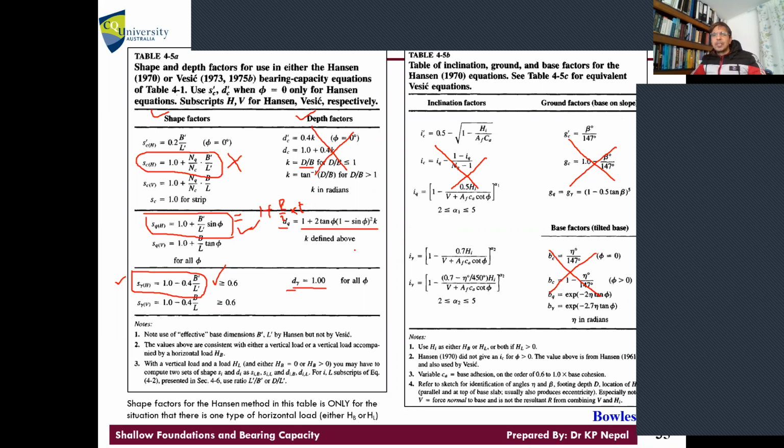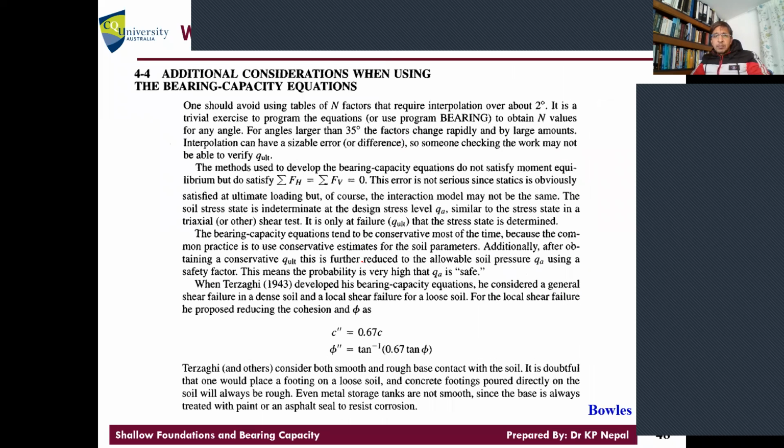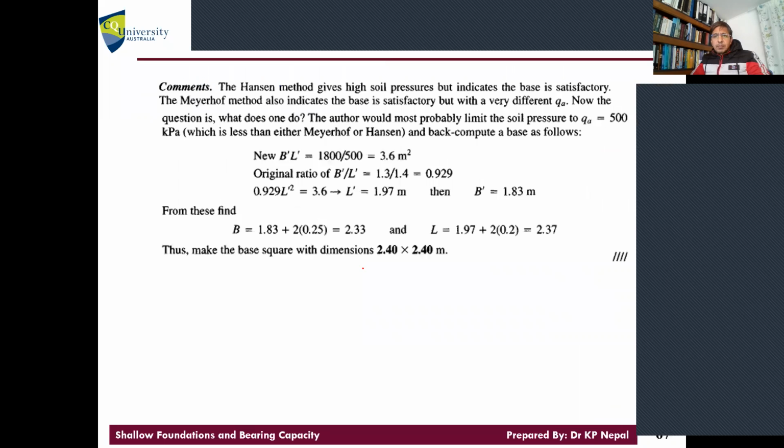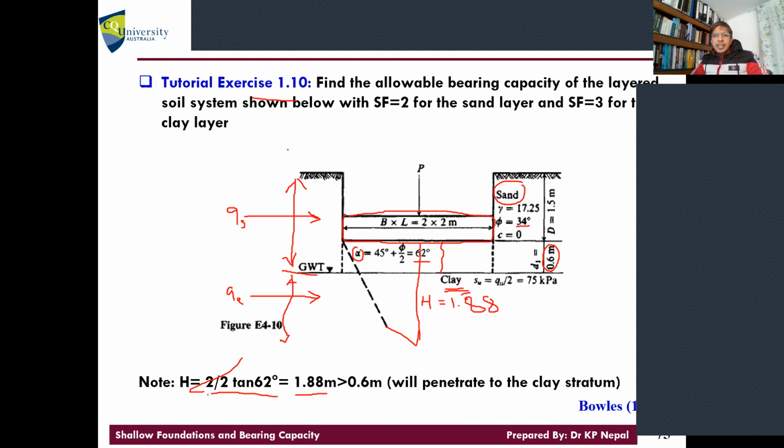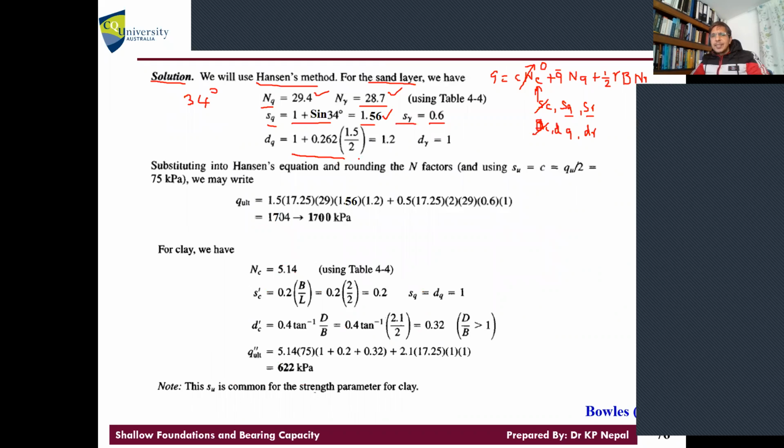Okay, so let's go to the tutorial problem. DQ, this is the equation they use, right? Did you get 1.2? This is 1 plus 2 tan phi, 1 minus sin phi squared, K, with K as D by B. That's what they have. They computed all this from the table.